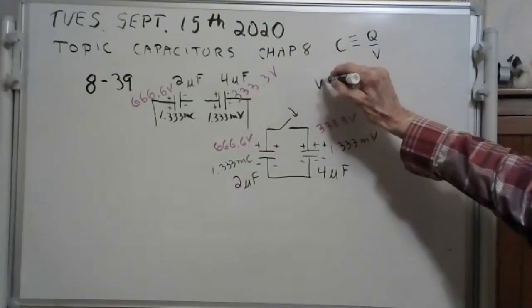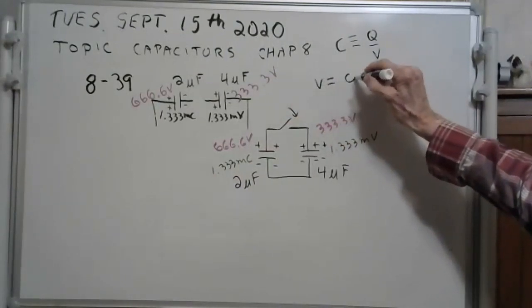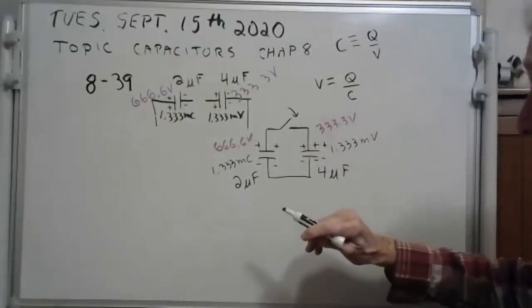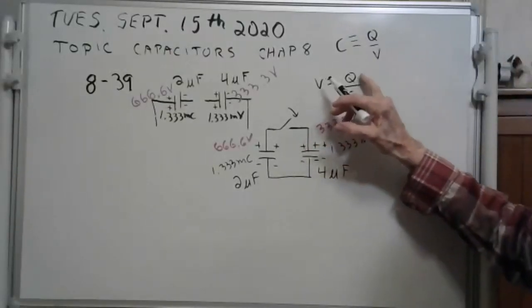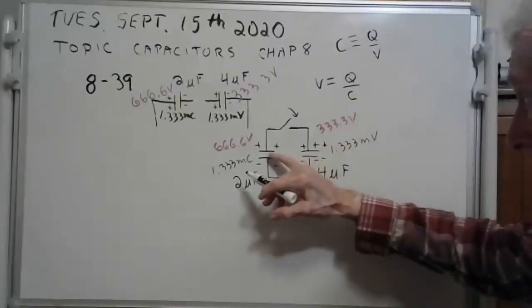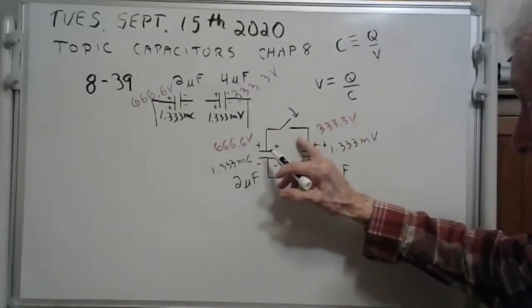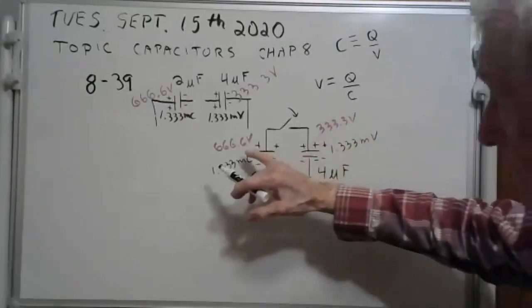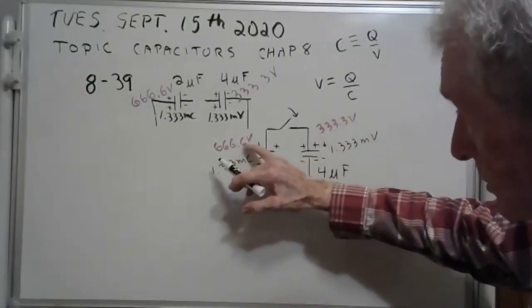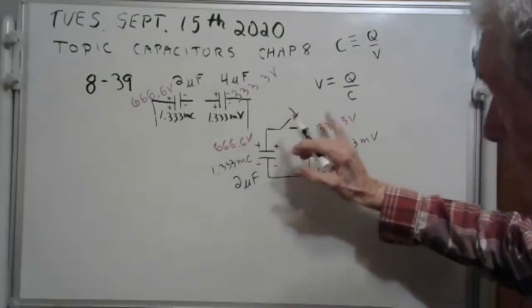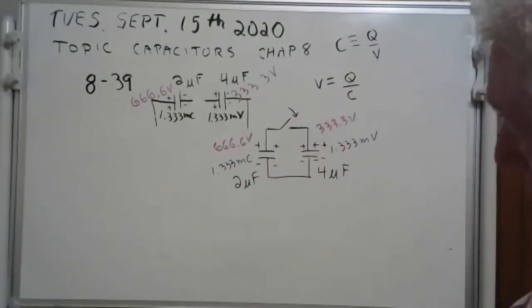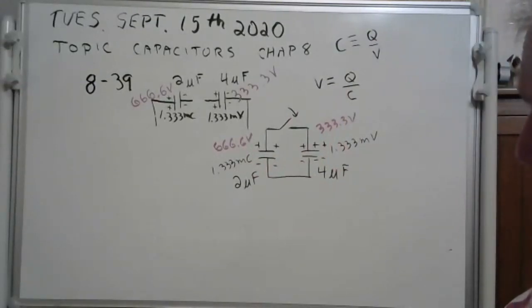Isn't the volts equal to the charges over the capacitances? If this moves some charges over, won't the volts go up? And if the charges are smaller because they're leaving here and going over here, won't the volts go down? And they'll have to be the same, won't they? They'll have to be the same.